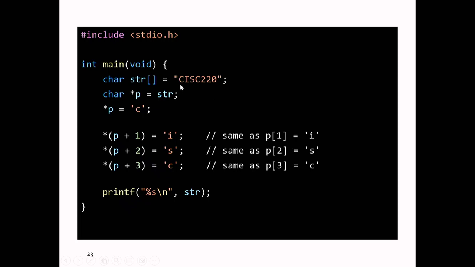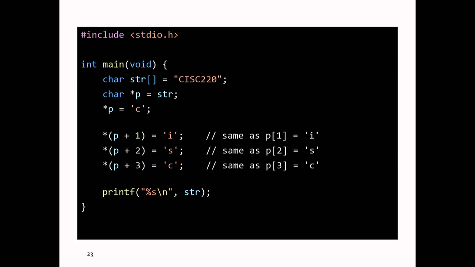So if p is pointing at the c, then p plus 1 points at the I. P plus 2 points at the s. P plus 3 points at the second c. And so on and so on.